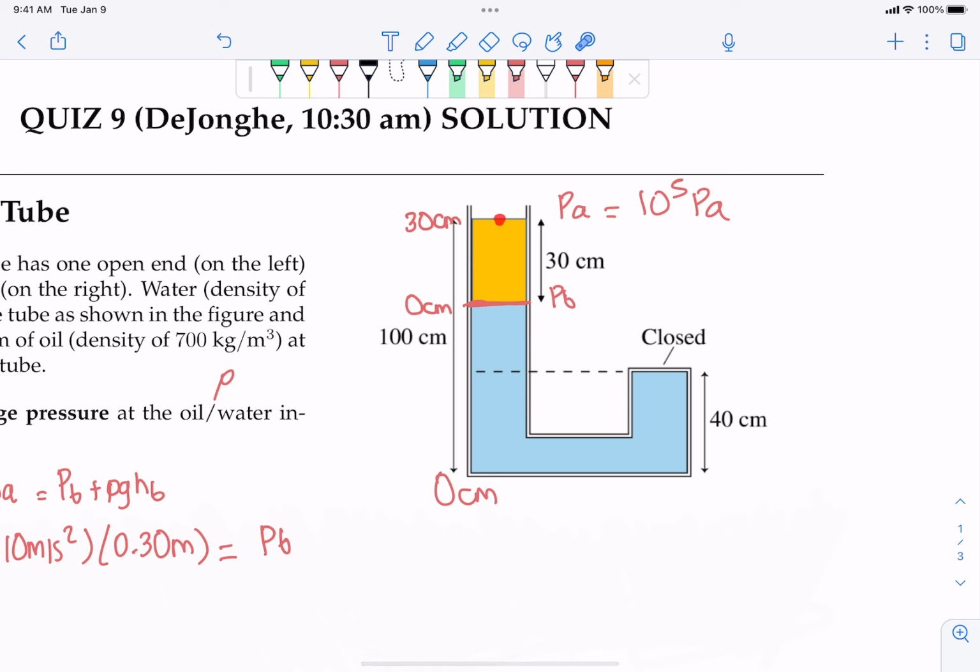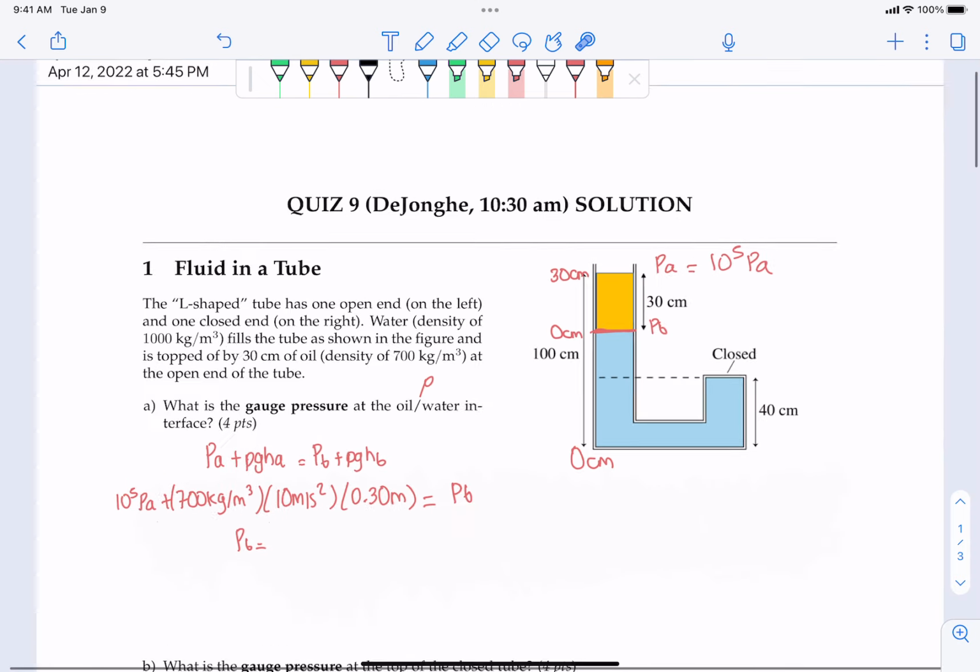Because literally right above it is air. So if you ever have an open tube, the point where the fluid, whatever you have, oil, water, whatever it is, is directly in contact with the air or the atmosphere, wherever there's open air above it, that point is where you have atmospheric pressure, which is 10 to the 5th pascals. Does that make sense?